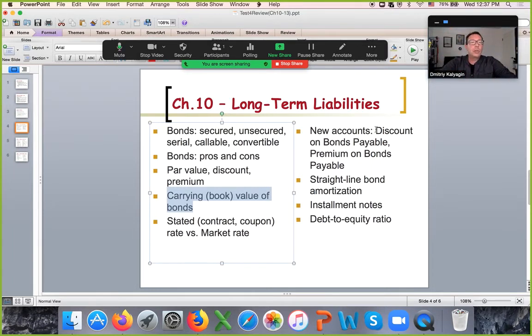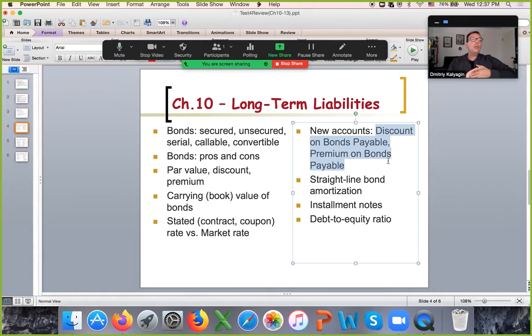I introduced 2 new accounts. The discount on bonds payable is a contra liability, so it has the opposite signs, plus minus. Premium on bonds payable is classified as a so-called adjunct liability. Its signs are the same as the signs for the main liability account, minus plus, normal credit balance.